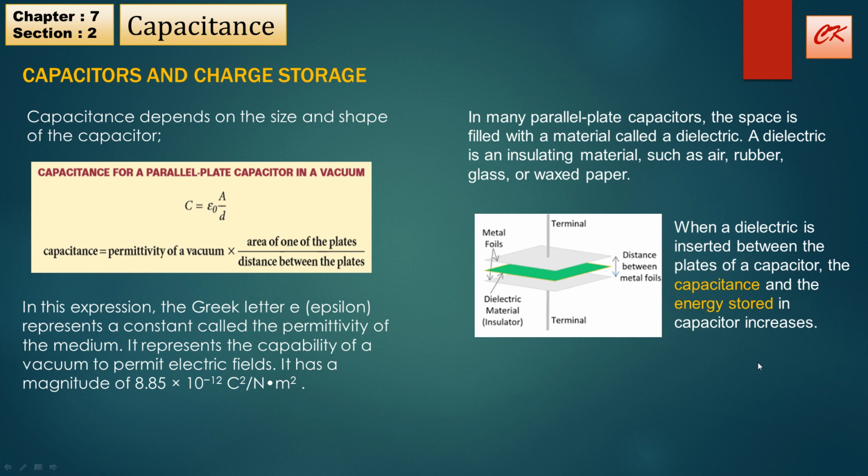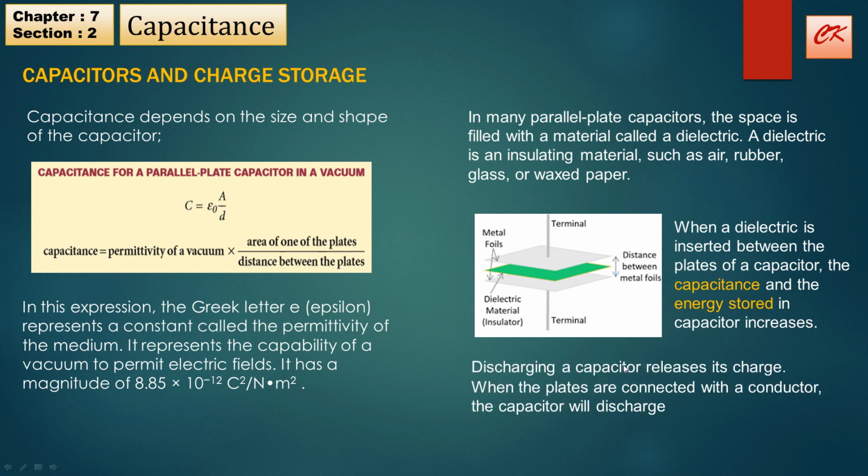Okay, here the dielectric is inserted between the plates of the capacitor. The capacitance and the energy stored in the capacitor increase. Since the charge increases, capacitance increases, and the energy stored in the capacitor will also increase. Discharging of a capacitor.